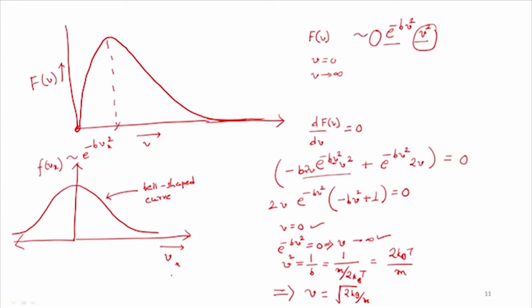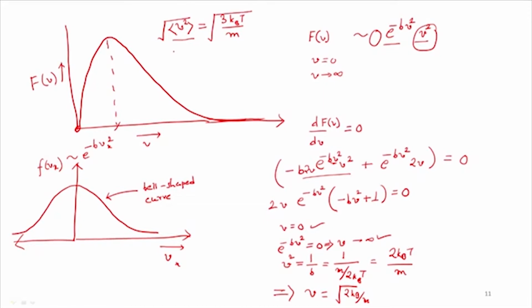Now we see that you have three different kinds of velocities. One is the v square average, which we already got from kinetic theory of gases, and that we know will be 3 kBT by m, but usually we take the square root of that because it has the dimension of velocity. This is basically the mean square velocity, so taking the square root we call it the root mean square velocity, that is the square root of 3 kBT by m.